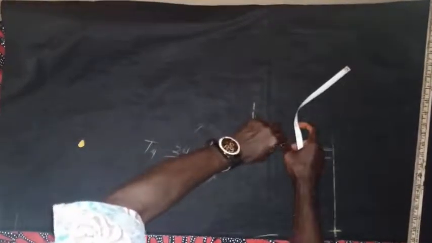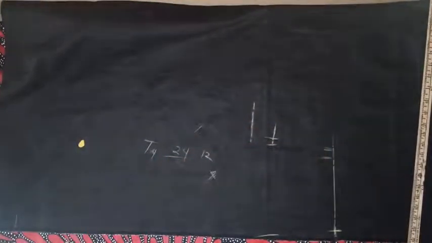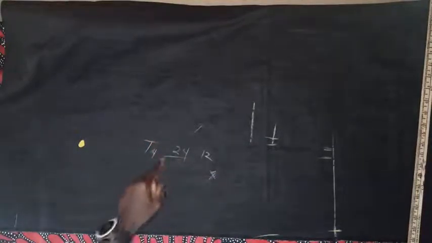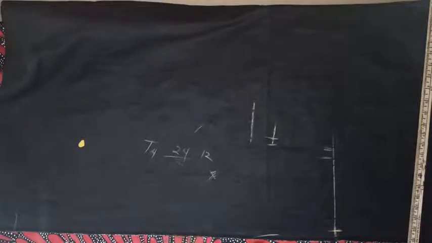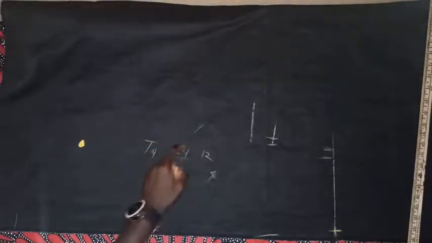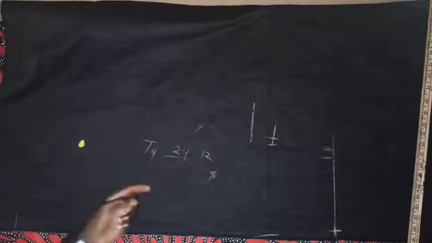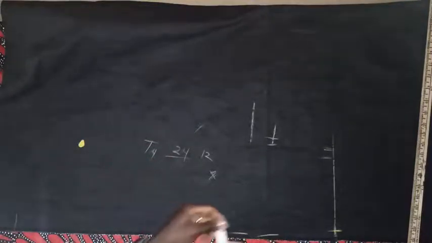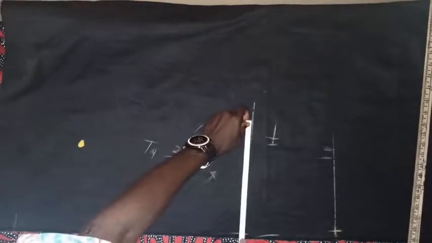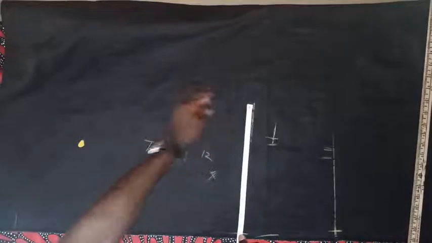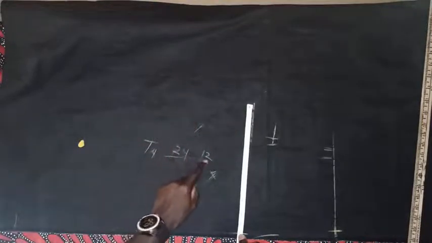Coming to our tie now. We are using a tie of 24, and 24 divided by 2 will give you 12, which means our front piece of the trouser is carrying 12.